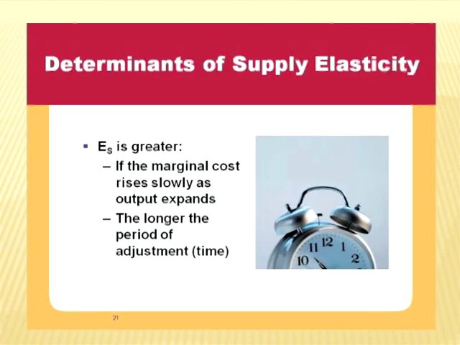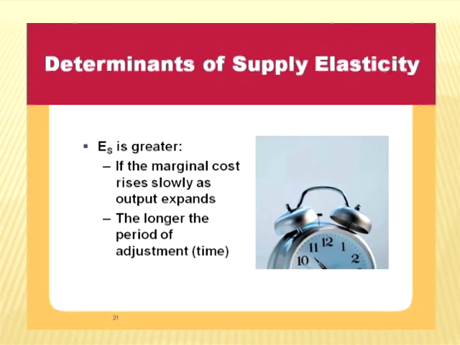Now here, once again, we might consider what would cause supply elasticities to change. And essentially, there are two things. The first is, as marginal cost rises, so rises the elasticity or responsiveness. So if marginal cost, the additional cost for producing this good or service, rises quickly, then this will be very responsive. If it rises slowly, then it'll be very unresponsive. And the other one is exactly what we saw before, and that is the period of adjustment.